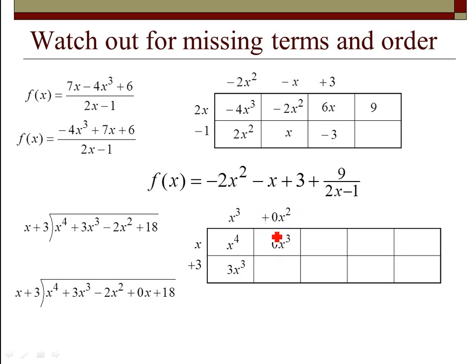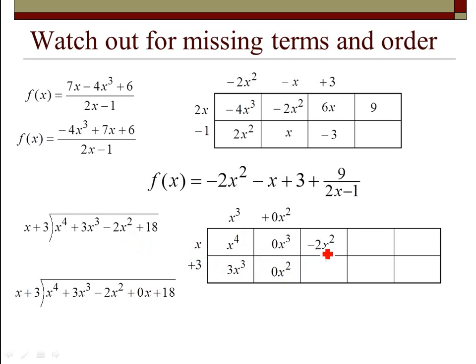And I'd like to put this in here because it avoids an issue. It just makes it a little bit easier to keep everything lined up. It's possible to do it without having this one because it's a 0. It just tends to be a little bit easier if you do keep it for right now. So I'll do 0x squared times 3 gives me 0x squared. Now, 0x squared plus something has to give me negative 2x squared.